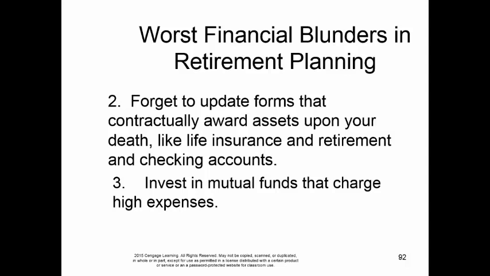For example, if you were to go through a divorce, you could potentially, without thinking about it, leave your ex-spouse's name on your account as the beneficiary. If that were the case, your ex would receive your assets.